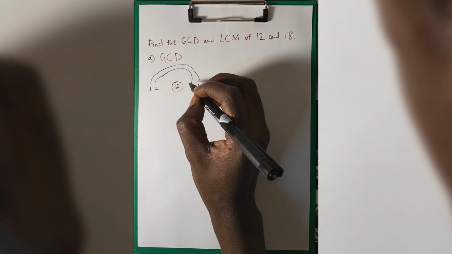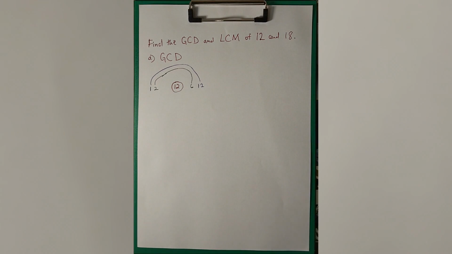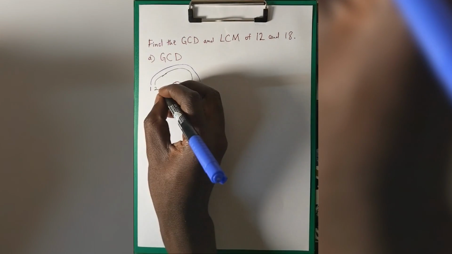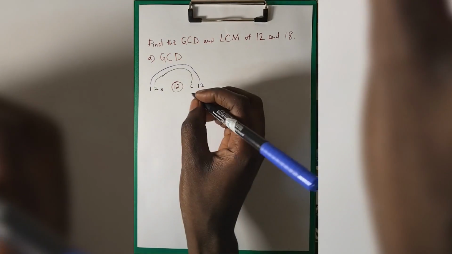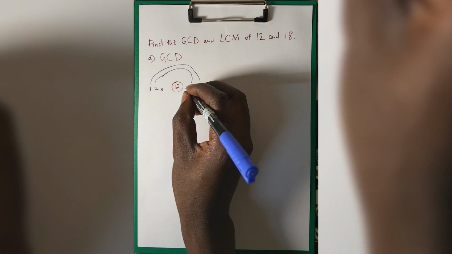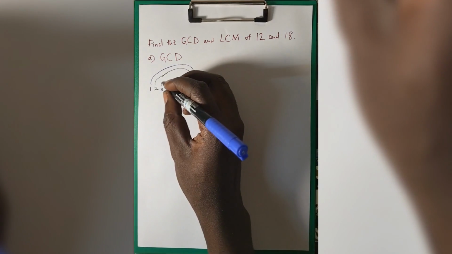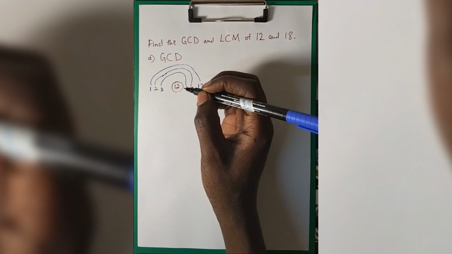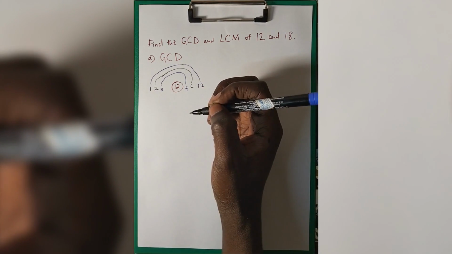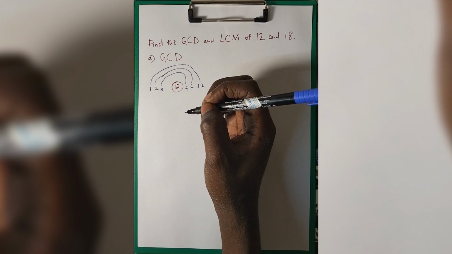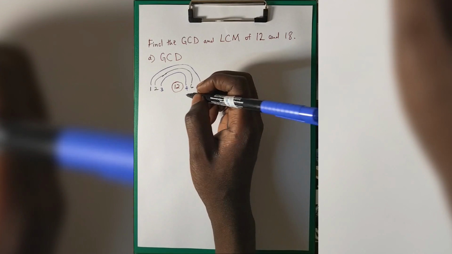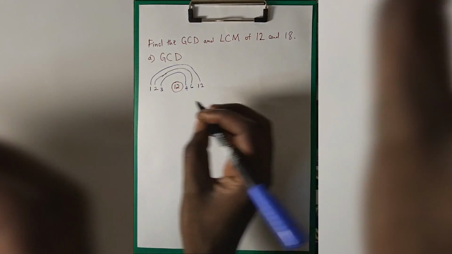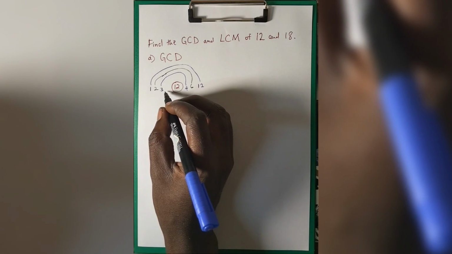We draw our rainbow. Then the next one is 3. We have 3 here, and 3 times 4 is 12. Then we have our rainbow there. The next one is 4, but 4 is already here, so we stop here.